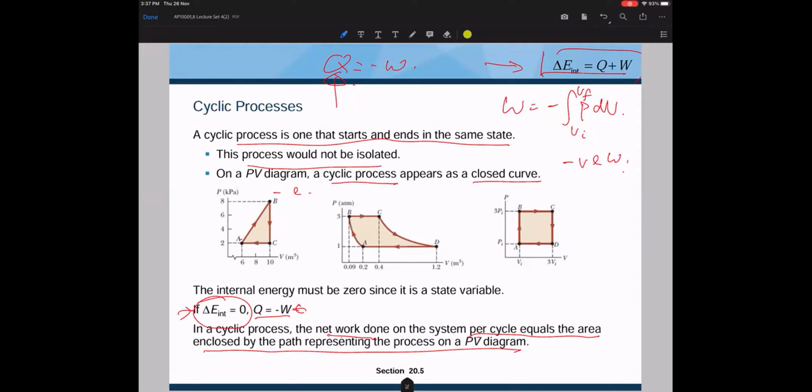They both start at A and finish back at A. So no change of internal energy. But due to the cycle, there would be different area included. In fact, the area included would be equal to the net work done by the cycle. So the area included is actually some meaningful parameter. We will see it in the second law of thermodynamics, which is the last section of this set of lecture notes.